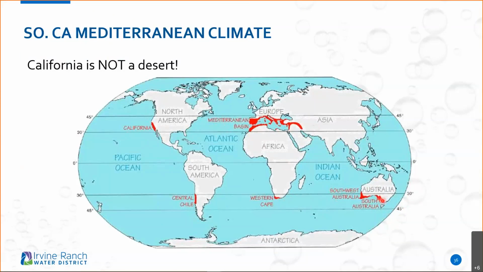You can see all these little regions are all plants that'll do great from all around the world in California. So we have this beautiful, arid, coastal, woodland climate. We are not a desert. But we do have deserts in California, but we also have so many beautiful other regions that we always got to be aware of.